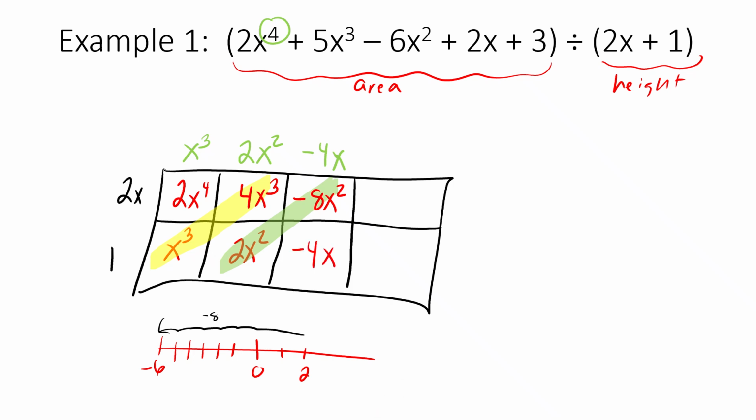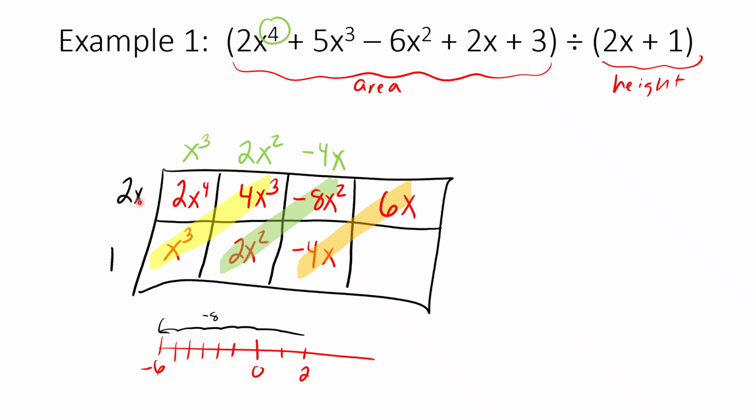And we have to do this again. So we have to leverage the fact that my like terms are going to be right there. And so if I have negative 4x and I want positive 2x, because that's what the area has to be, this would have to be a positive 6x. And there's my positive 6x.